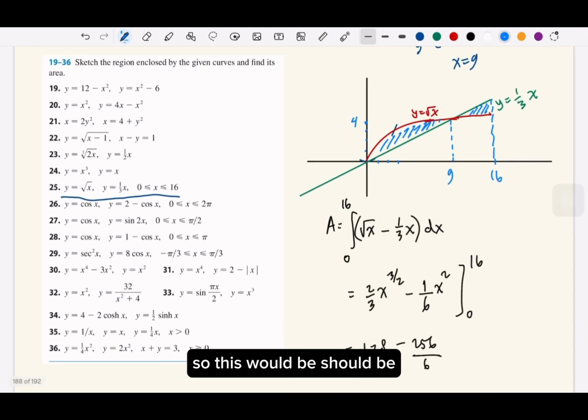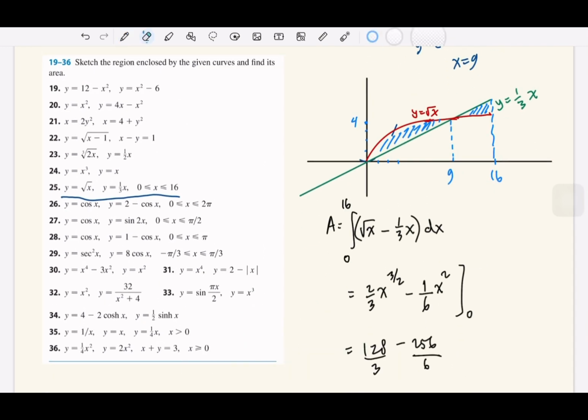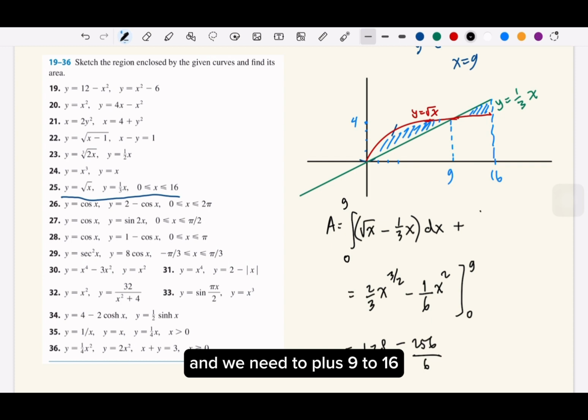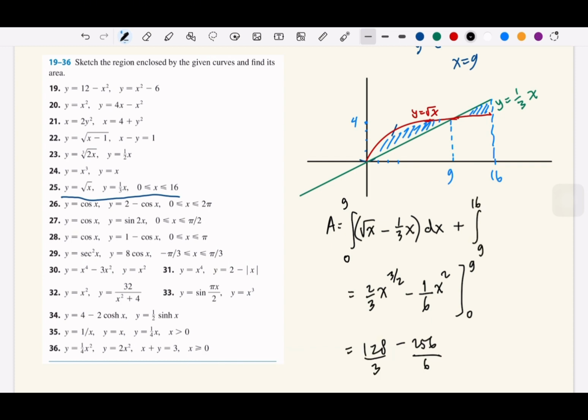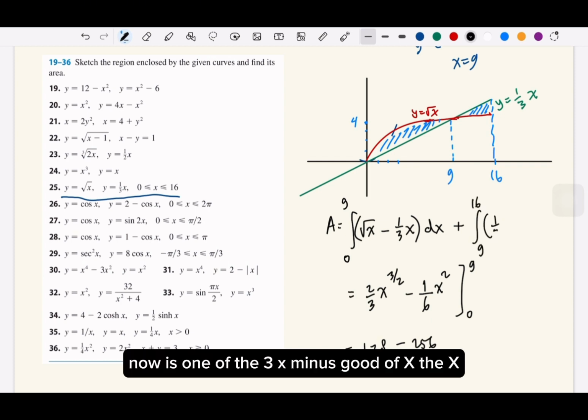So this should be 9. This should be 9, and we need to add 9 to 16. Now it's the integral of 1/3 x minus square root of x dx.